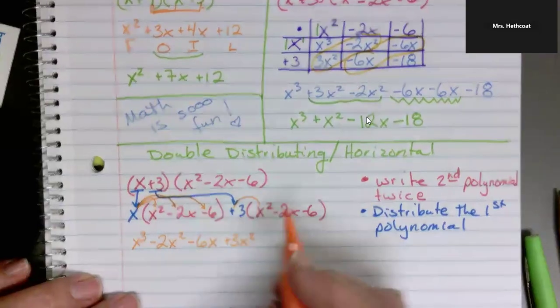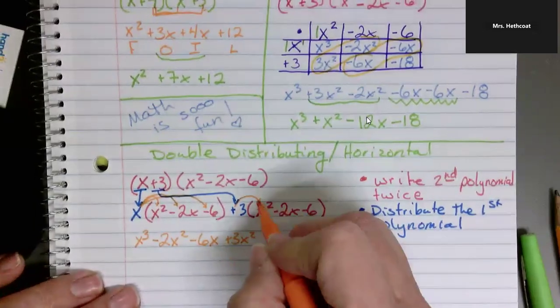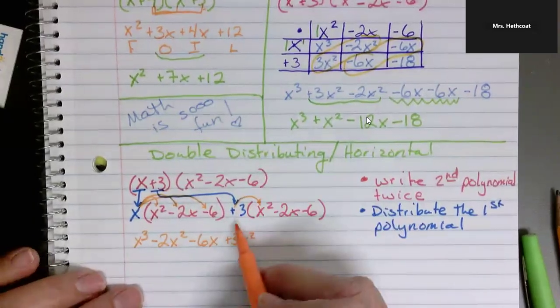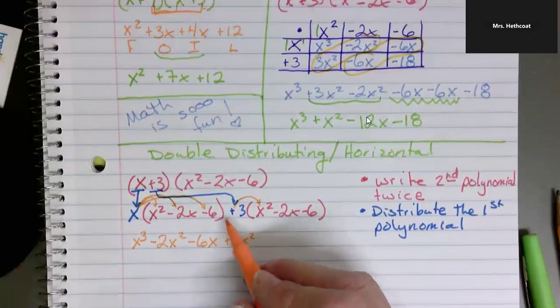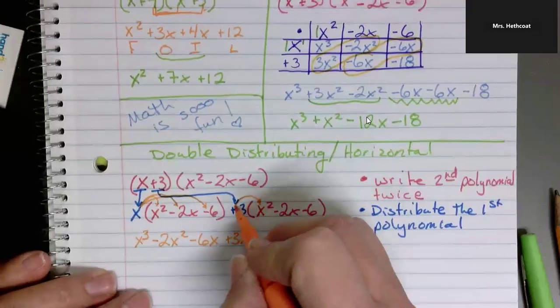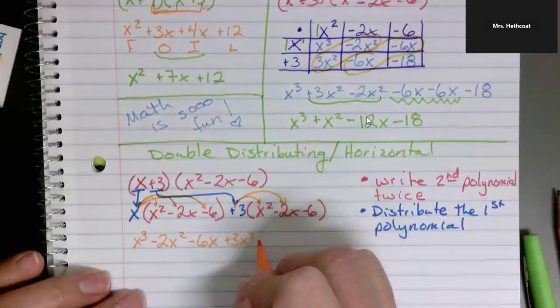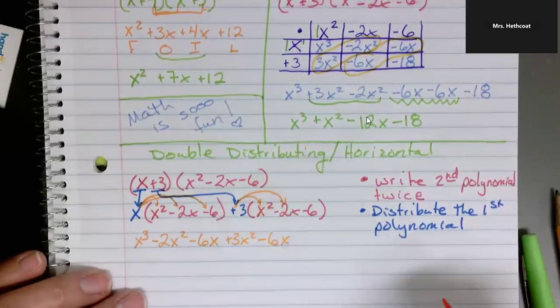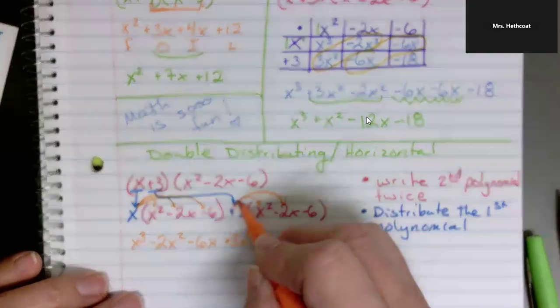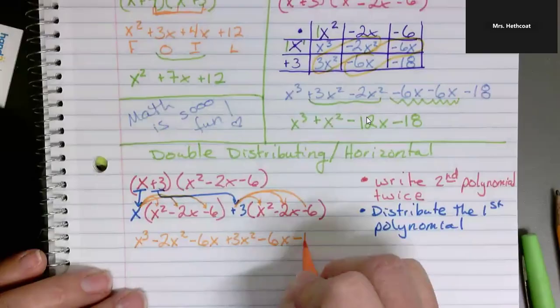You may notice that I draw my arrow from the plus sign, because if it had been a minus 3, it's really important that I am multiplying by a negative 3 to everything inside. But this one's positive, so plus 3 times negative 2x gives me negative 6x. And then we've got plus 3 times negative 6 gives us negative 18.